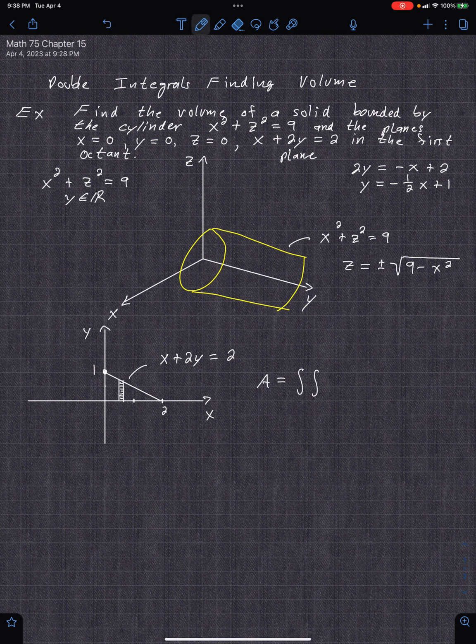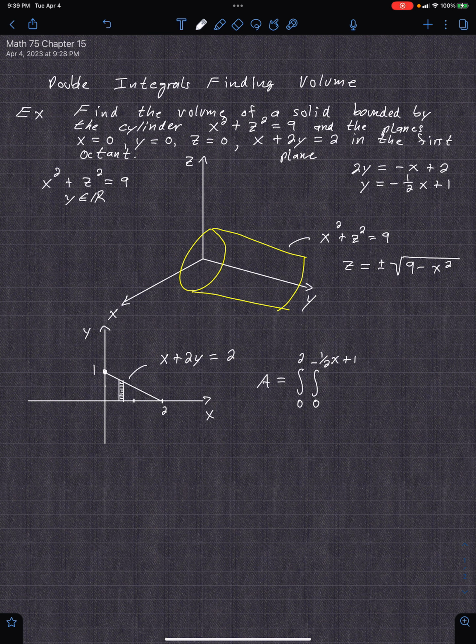As I mentioned before, that is the outside, because that has to be your constants. But the variable is the y. So we're going from y equals 0 to the top, which is the line. So the top is negative 1/2 x plus 1, and then we add that up across from 0 to 2.